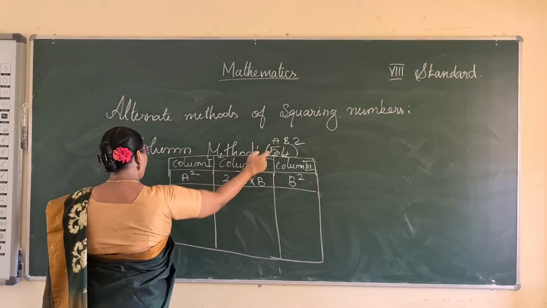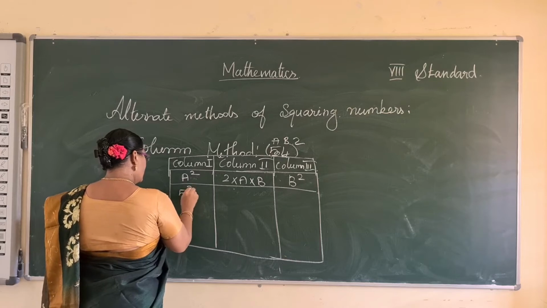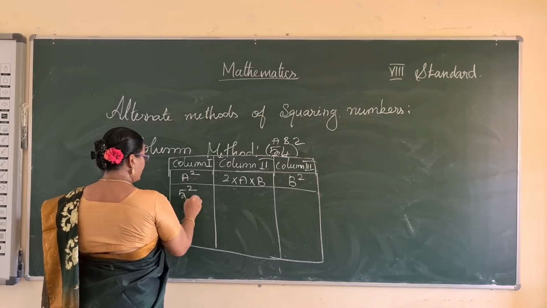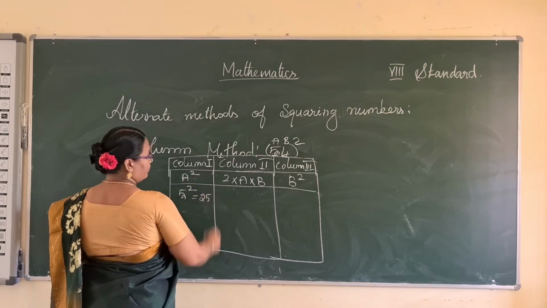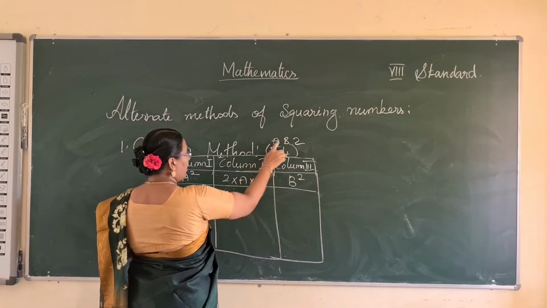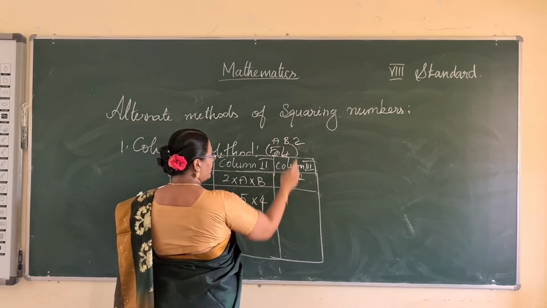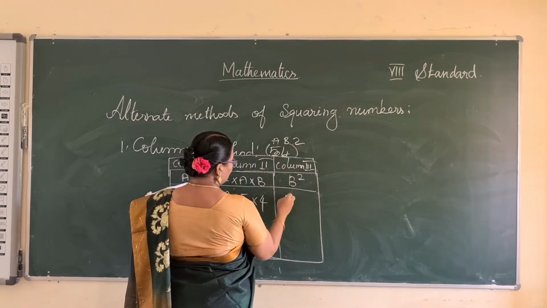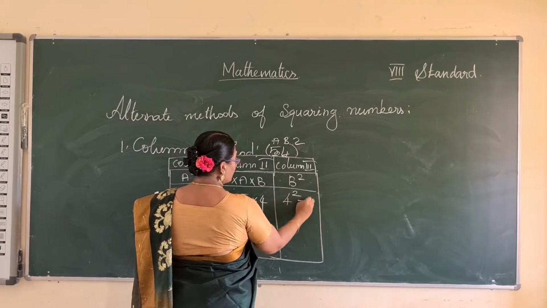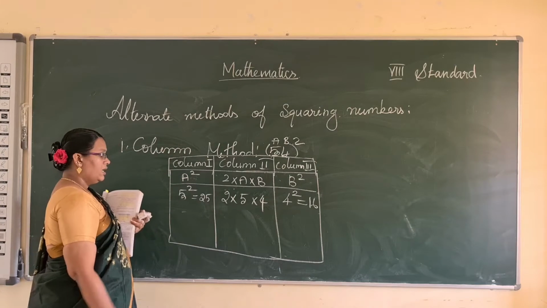The value of a is 5, so 5 squared is 25. Here 2 into a into b, where a is 5 and b is 4. And b squared: 4 squared is equal to 16. These are the given data.